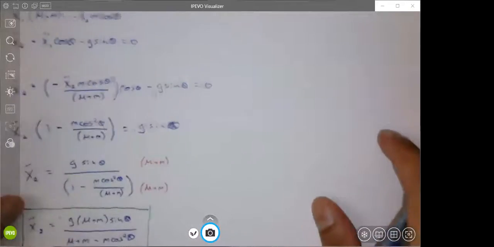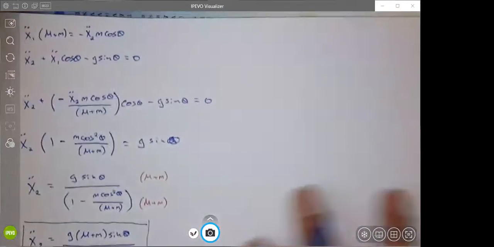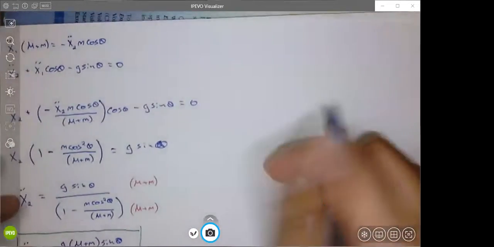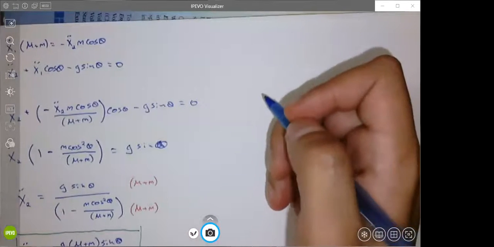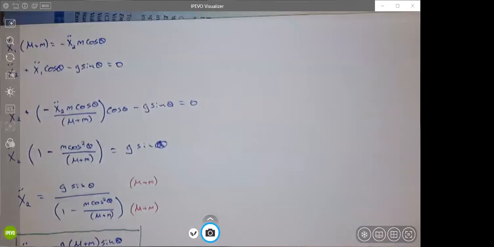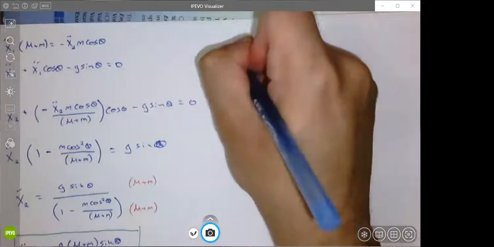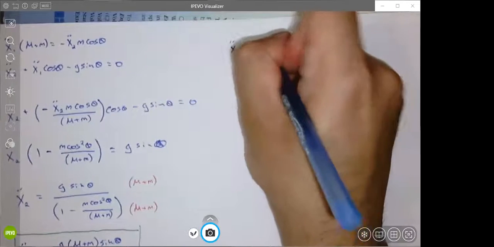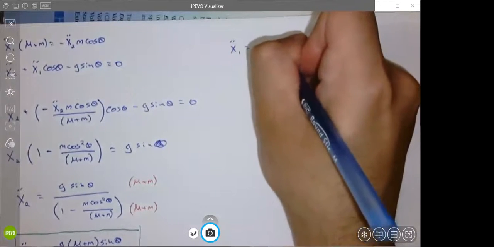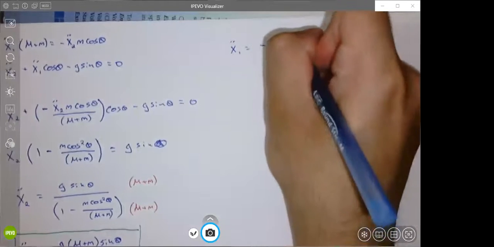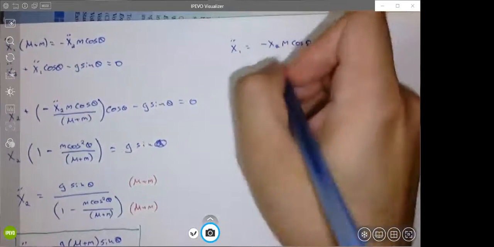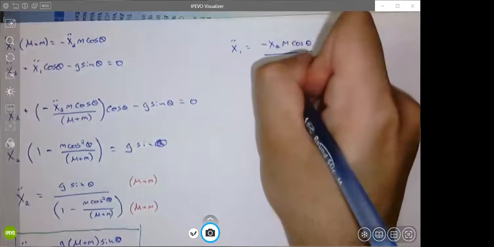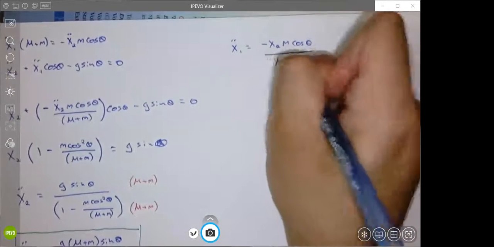So let's see here. I need to straighten this out a little bit. And let's do x1 now. So how am I going to do x1? We said that x1 double dot was equal to negative x2 m cosine of theta divided by big M plus little m.